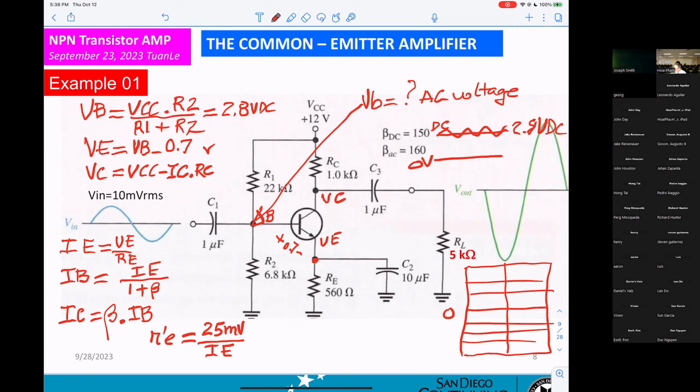Yeah, 8 divisions. To measure the voltage, right? All right. Okay. Now, when you set your voltage, I said 5 volts per division. Total, how many volts?